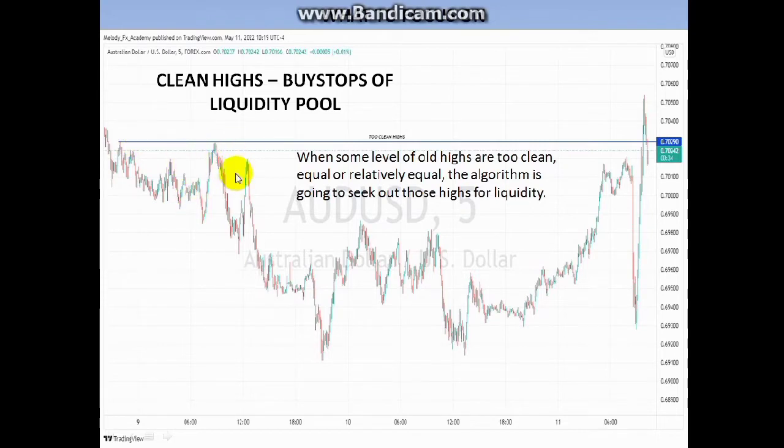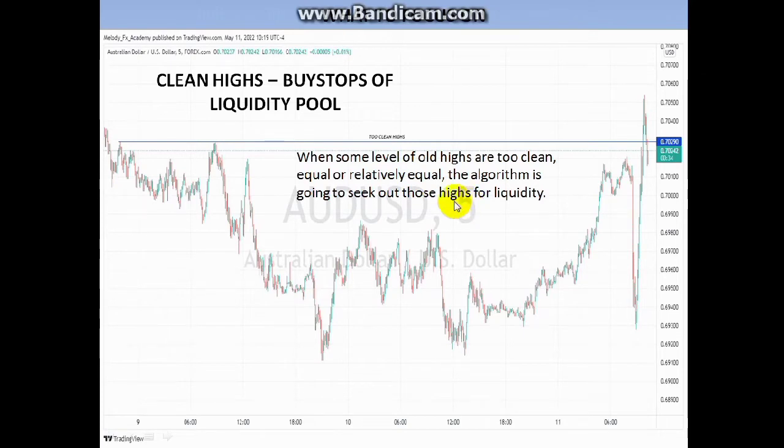The algorithm does not like leaving such levels too clean, so it is going to seek out the liquidity resting above those old highs.